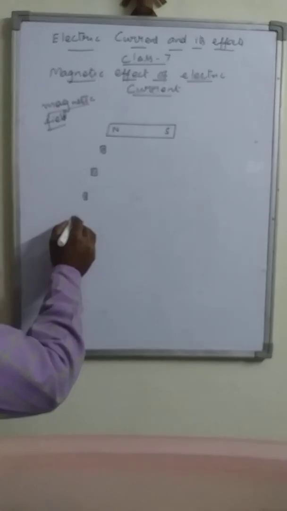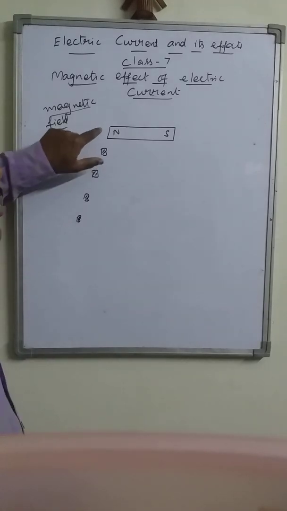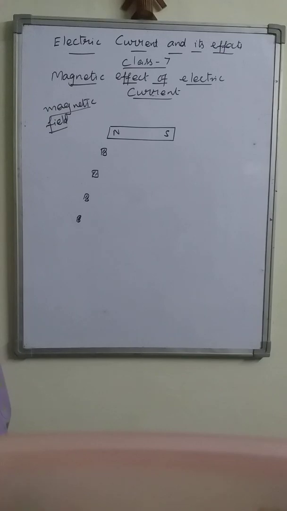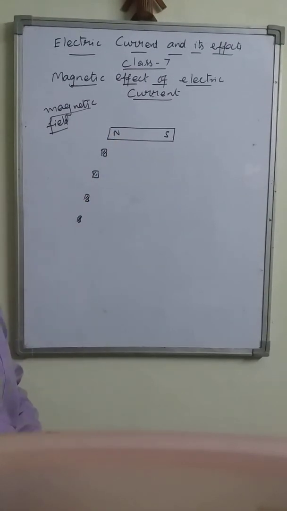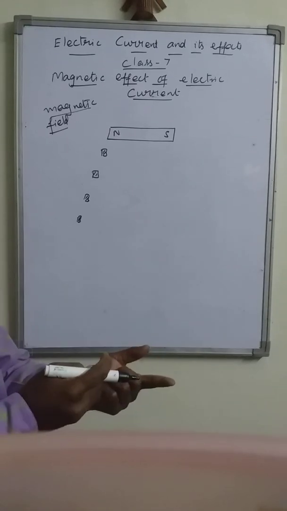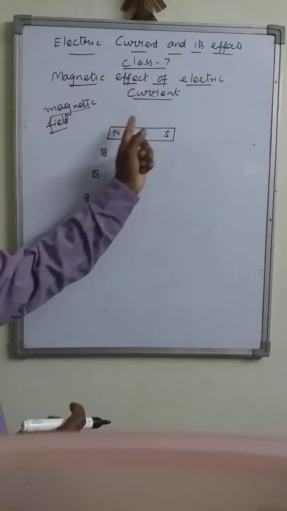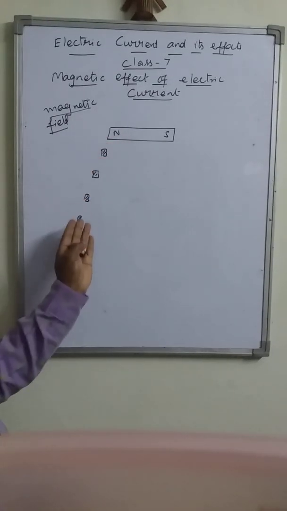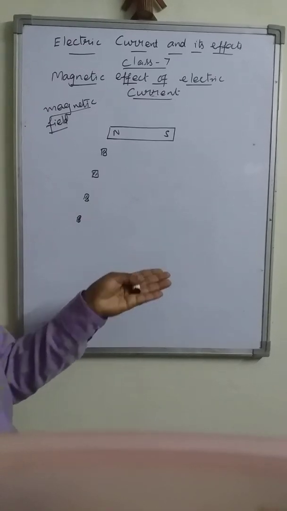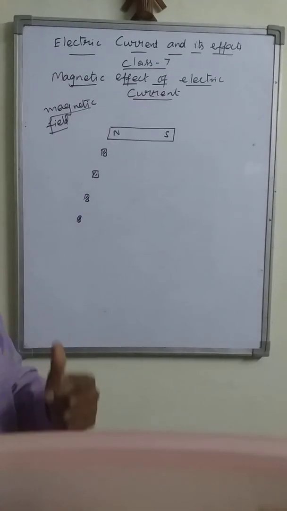After reaching a particular point, you can observe that this iron piece is not influenced by this bar magnet, it is not able to attract it. Then we say this iron piece is kept at infinity from this bar magnet, at a point beyond the influence of this bar magnet.